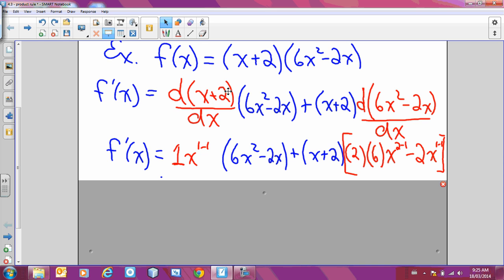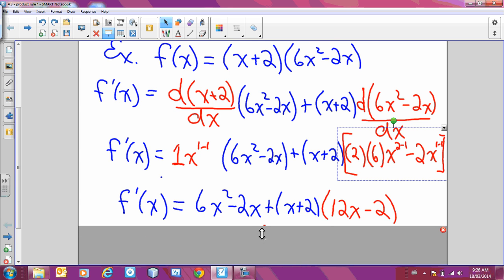The value 2, when we take the derivative of it, we get 0. 6x squared minus 2x, still there, plus x plus 2. So again, none of this has changed at this point. And now we take the derivative over here, 2 times the 6 out front, x to the 2 minus 1, minus 2 times the 1 exponent multiplied by the 2, and then 1 minus 1 up there.